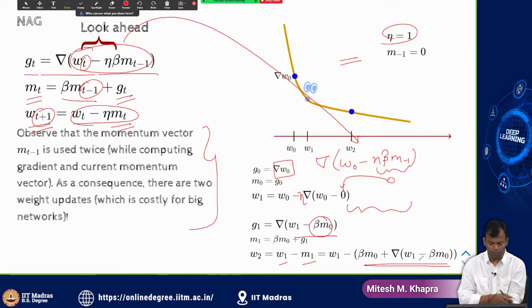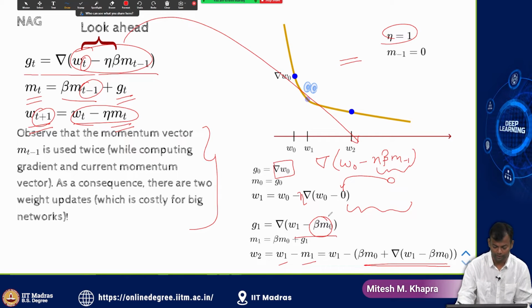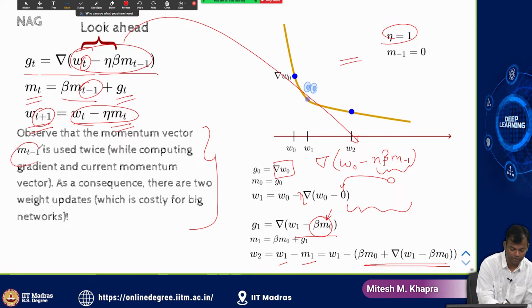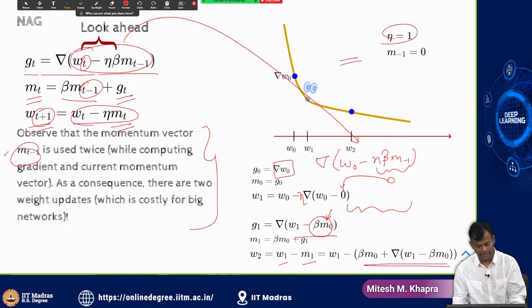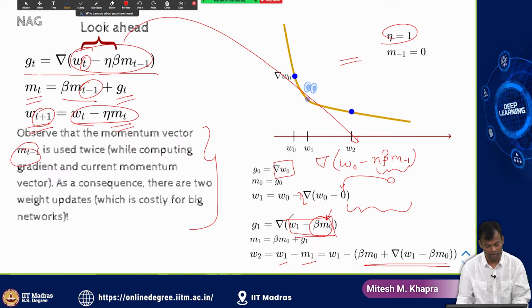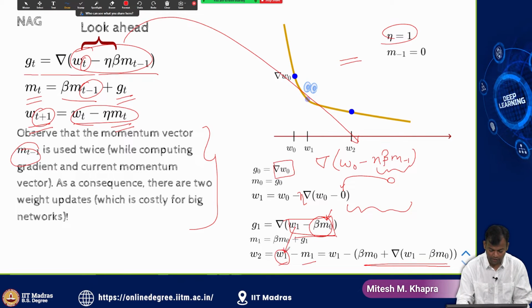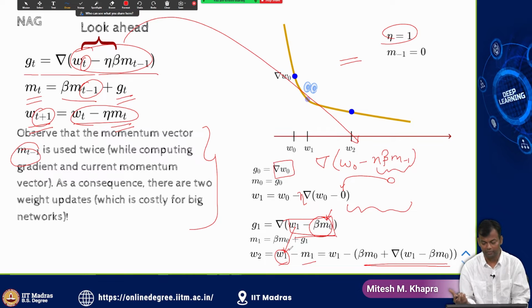Okay. So now what is happening here is that if you look at this M0, right, which is M of t minus 1, it is used twice, right? First, it is being used to make this temporary update to the value. Okay. You make that temporary update and then switch back to the original value again, right? Because you're not using that temporary value again, right? So you're switching back to the original value.